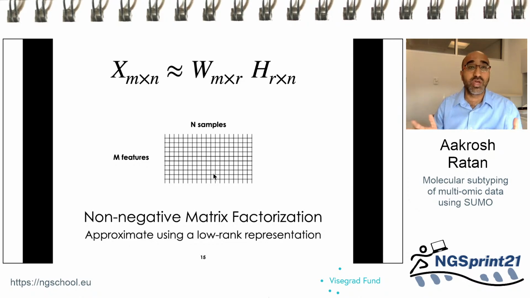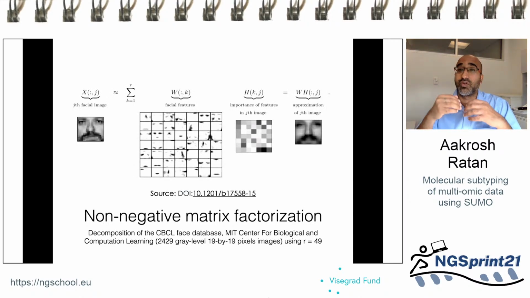PCA is the most familiar matrix factorization technique that we can think of, but PCA does not restrict the entries in your matrices to be non-negative, right? So there is always this problem of understanding what PCA actually means. However, in non-negative matrix factorization, since all the entries are non-negative, there is a benefit in terms of interpretation.